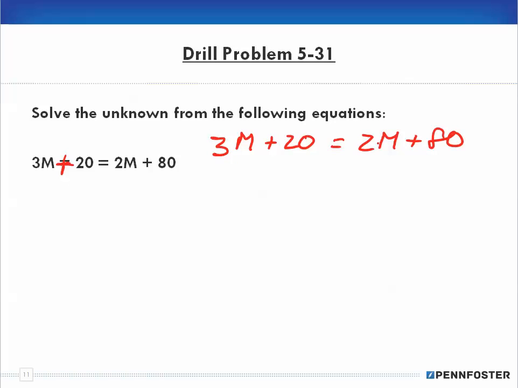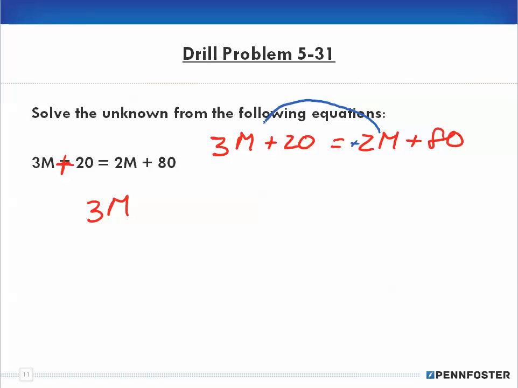For this problem here, we want to put all of our variables on the left, and we want to put all of our whole numbers on the right. So to do that, let me spread it out here. I'm going to start out with 3m on the left. And since I want to get all of my variables on the left, this is a plus 2m.